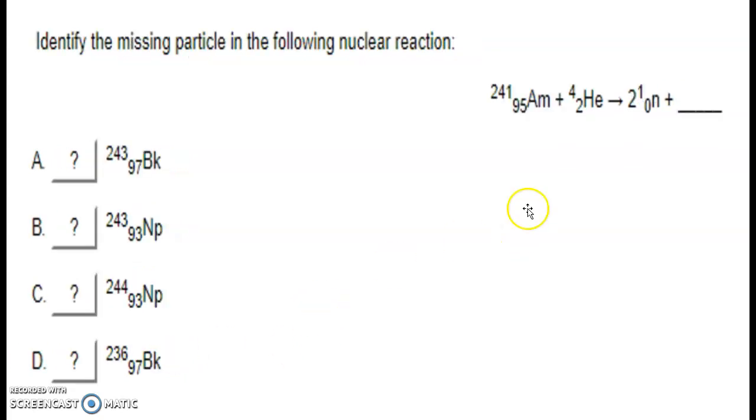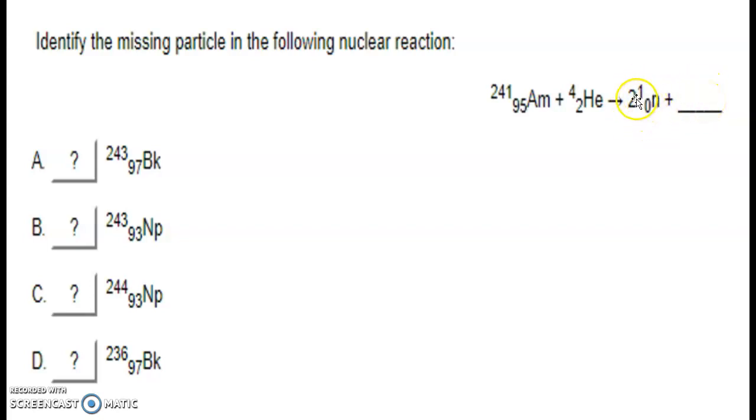Okay, here is another one where we have a americium. The mass is 241, the atomic number is 95, and it's going to go together with an alpha particle to create 2 neutrons and a different element.